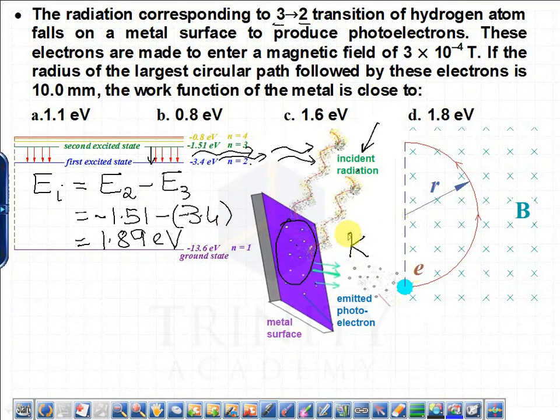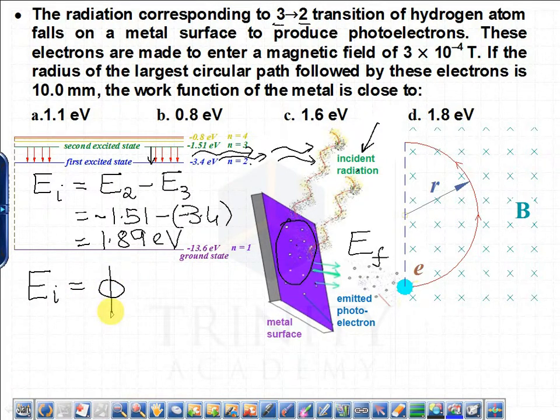energy acquired by the electron, which will be obviously kinetic energy, let us denote it by EF, the energy which is acquired by the electron finally before it moves into the magnetic field. So from conservation of energy we can write like this: incident energy of radiation will be used up in two parts.